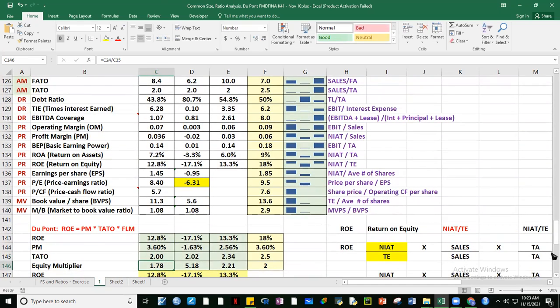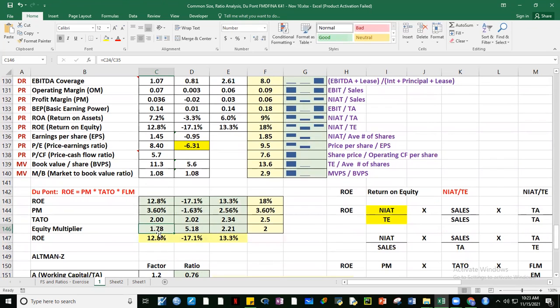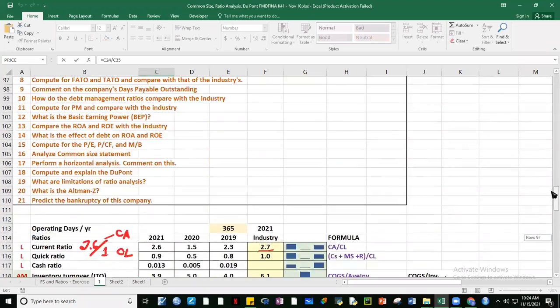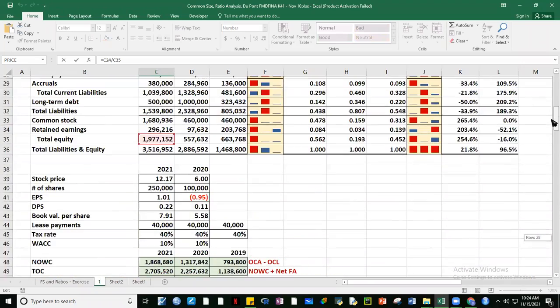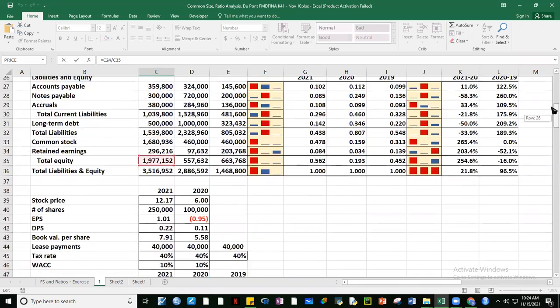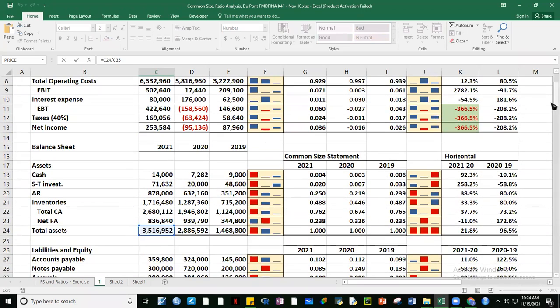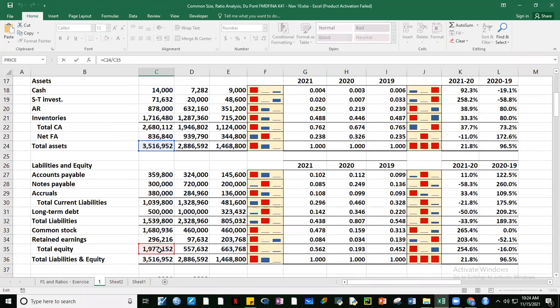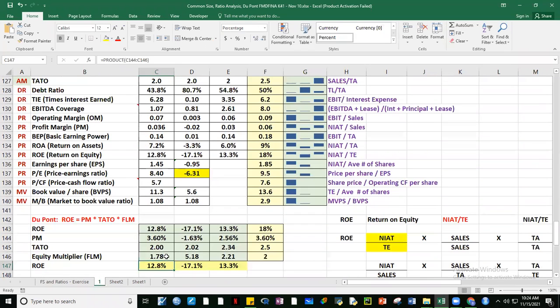Okay. And then lastly is your equity multiplier, or this is your financial leverage multiplier, FLM. Financial leverage multiplier, that's your total assets over total equity. So total assets divided by total equity. There. Okay? These three, guys, just copy to the right because the formula is the same.